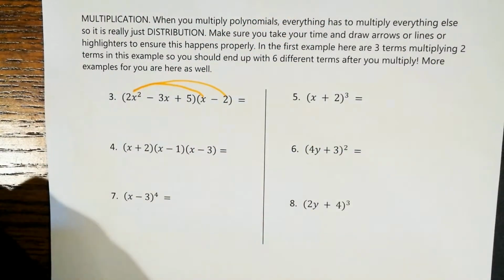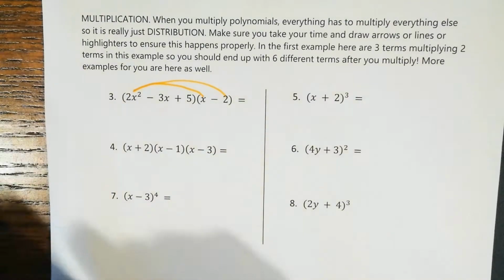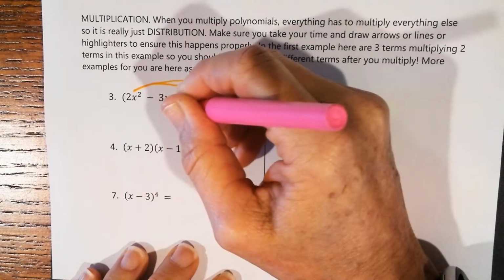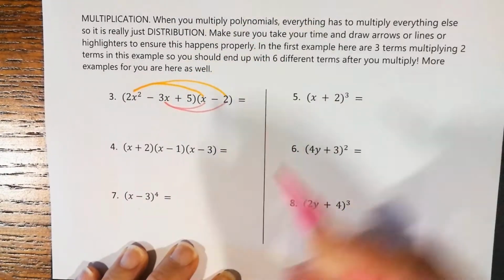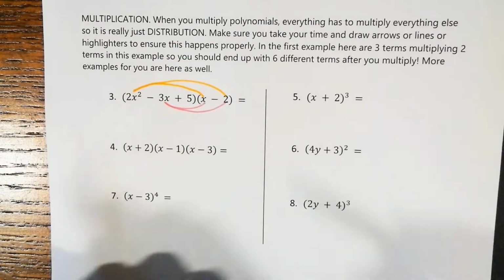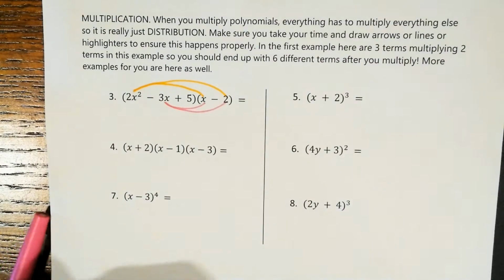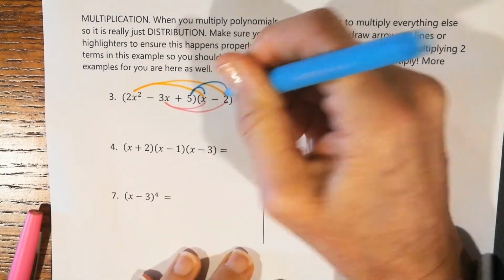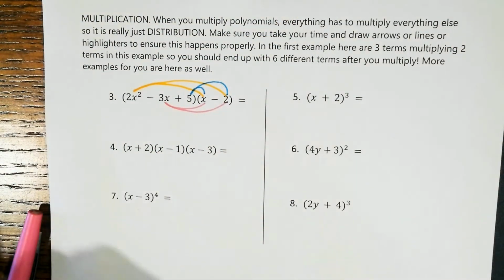So that's your first 2 multiplying. Then the next 2 multiplying, you're going to do these 2 and these 2 because you're distributing this minus 3x on that. And then the last ones will be this one and this one. So you'll end up with 6 different terms.